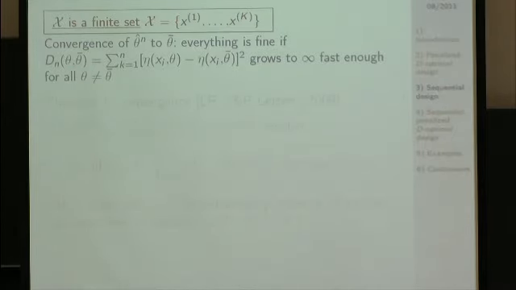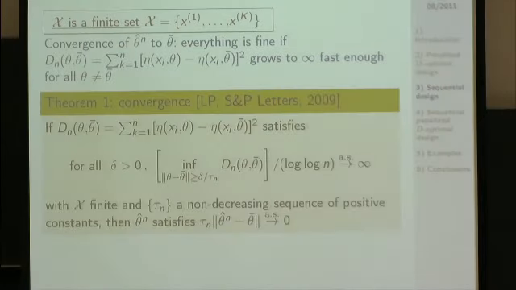All we need, in fact, is that the sum of squares of differences of probability of success at two different values of theta grows fast enough when the two values of theta are different. In fact, the growth rate we require is not very big, because we simply need this to grow faster than log n.